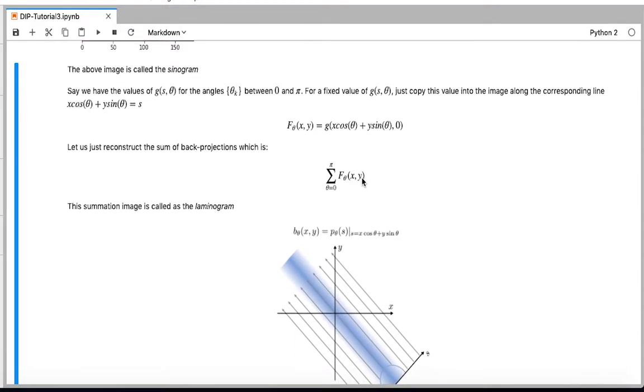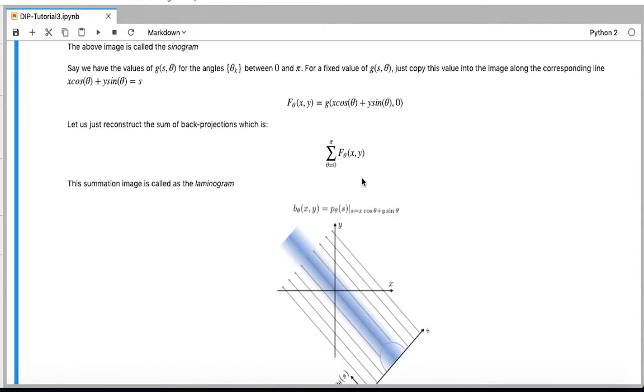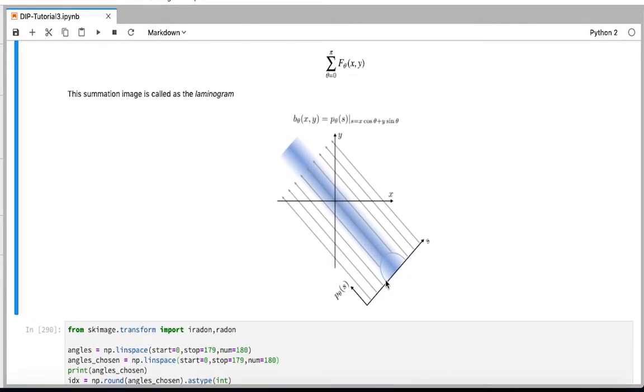So I want to now see what happens. Let's say we have a sinogram like this, shown in the figure, and I just want to reconstruct an image. If I have just this one angle, what I can do, very naively, is trace the ray back and put the same value of the ray at all the points where it came from.